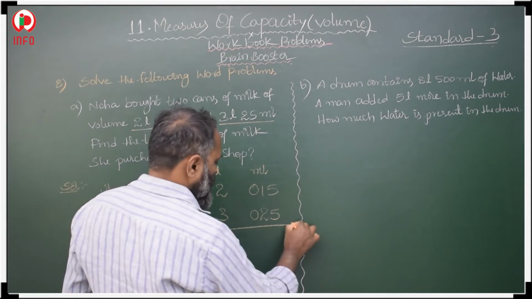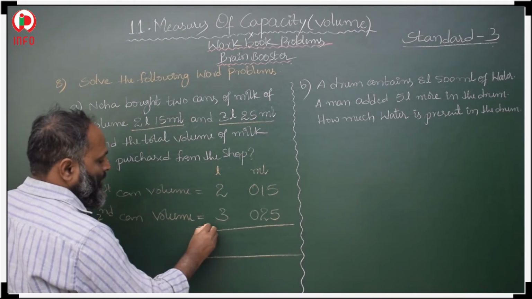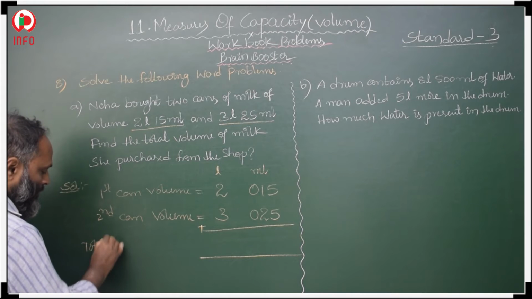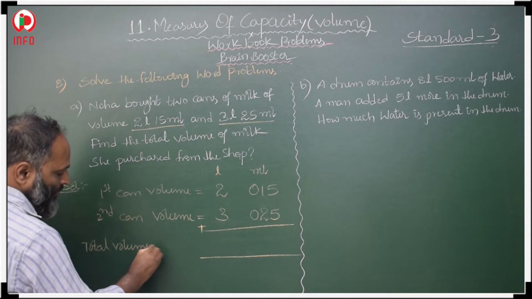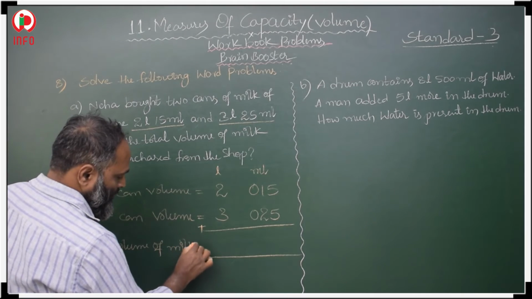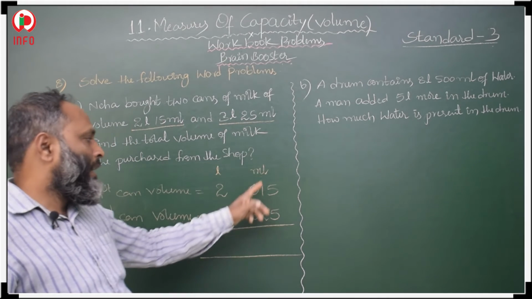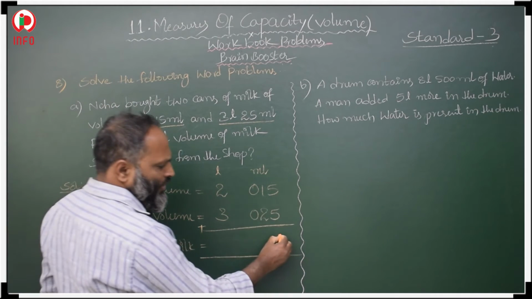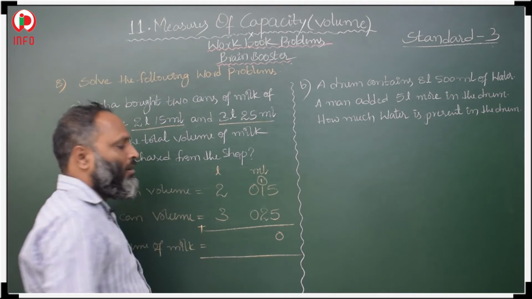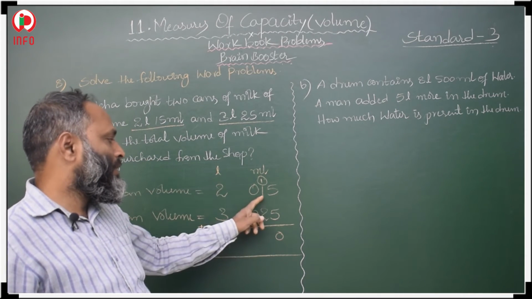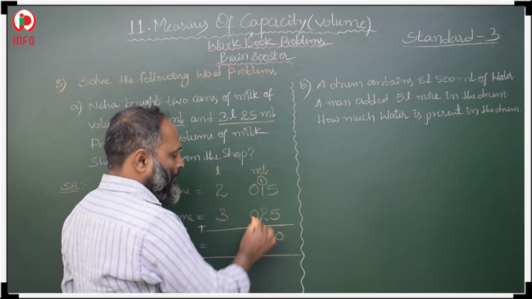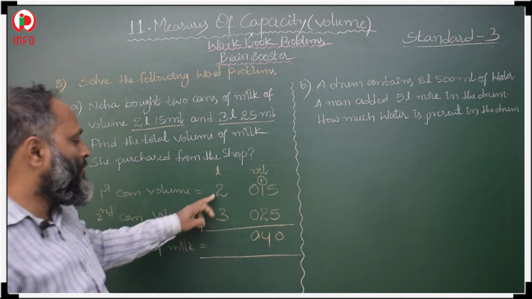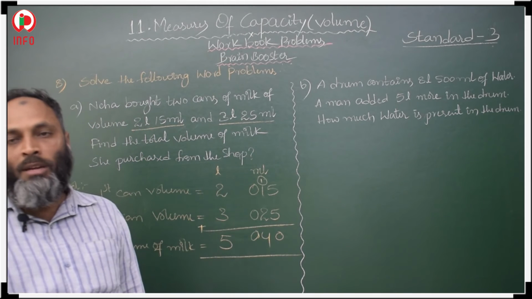Then, so what is our requirement? Total volume of milk is equal to, add milliliters, extreme right digit first, that is ones place, 5 plus 5, 10, 10 means 0 in ones place, 1 we have to take as carry over to the tens place of milliliters, 2 plus 1, 3, 3 plus 1, 4, 0 plus 0 is 0, 0 plus 0, 0, then after that liters, 3 plus 2, 5. 5 liters 40 milliliters.